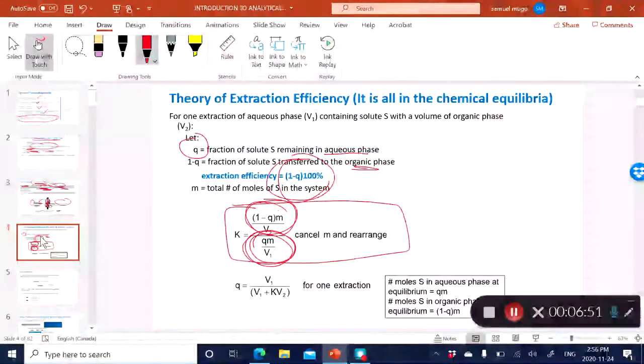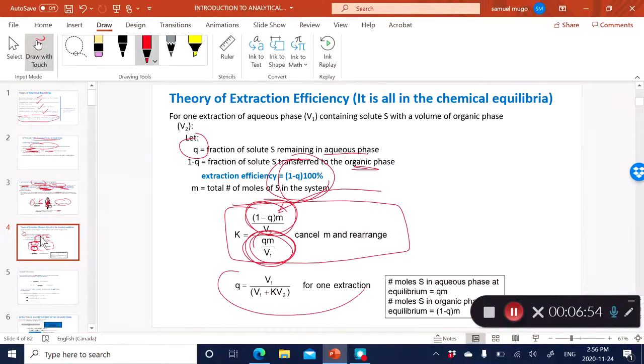And if you make Q the subject of the formula, you get this relationship here, where V1 is the volume used to do the extraction, K is the partition coefficient, and V2 would be the volume of the organic phase. So hopefully you can see how we arrived at this. V1 is the aqueous phase, and V2 is the solvent in the organic phase.